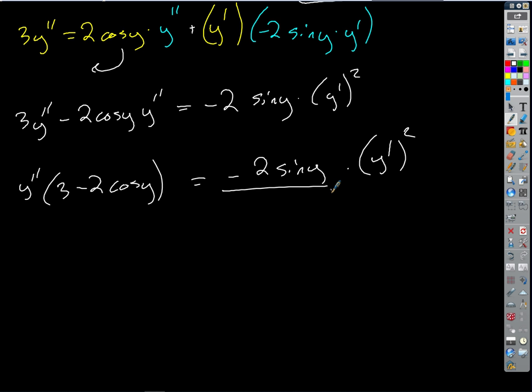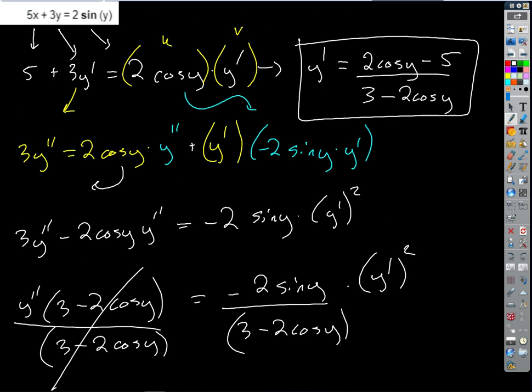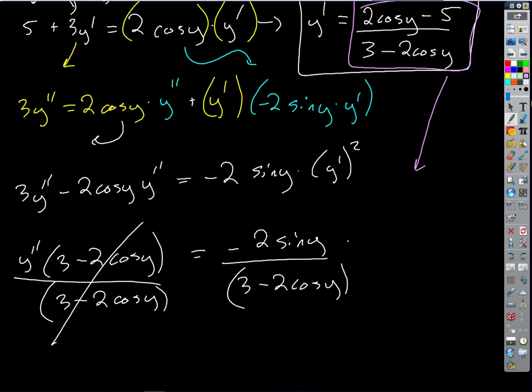Then I'm just going to divide everything through by 3 minus 2 cosine y. Right? Multiplying by y prime squared, though, well, there's y prime. So let's just erase this and replace it with that quantity squared.